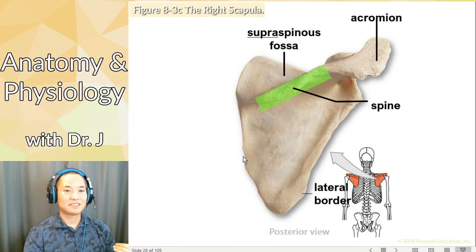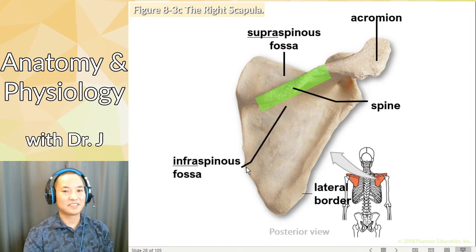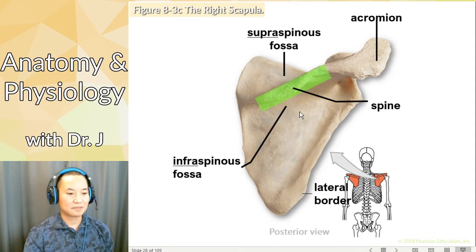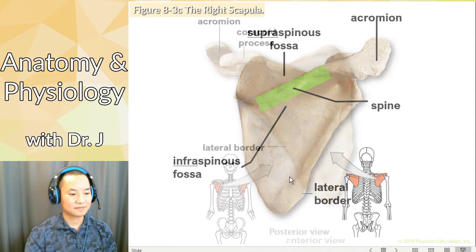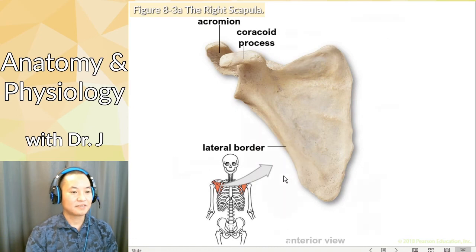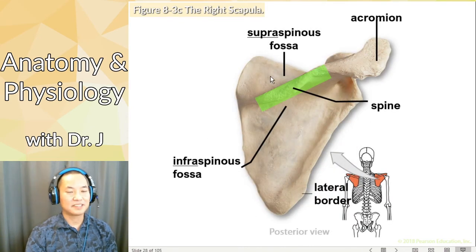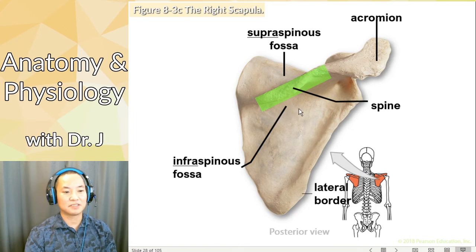The opposite of superior is inferior, right? Another way of spelling inferior is infra. So now we have the infraspinous fossa. So this is the fossa that's below the spinal part of the scapula. So we have supraspinous above the spine, infraspinous below the spine.